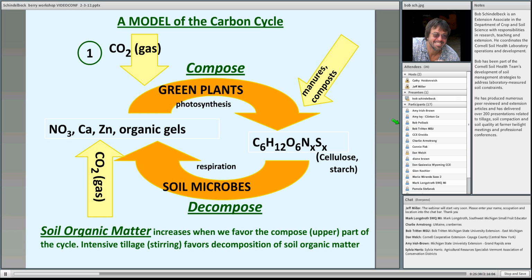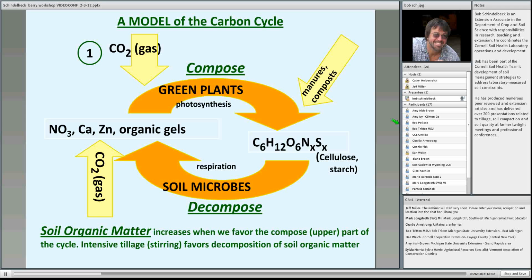On the other hand, we're decomposing through the respiration of soil microbes, decomposing this organic matter back to carbon dioxide. And it's this rapid spinning that is favored by the bacteria. When these cellulose and starch compounds can be more complex or just different, we're going to affect the soil microbes that would be able or want to rapidly decompose them.